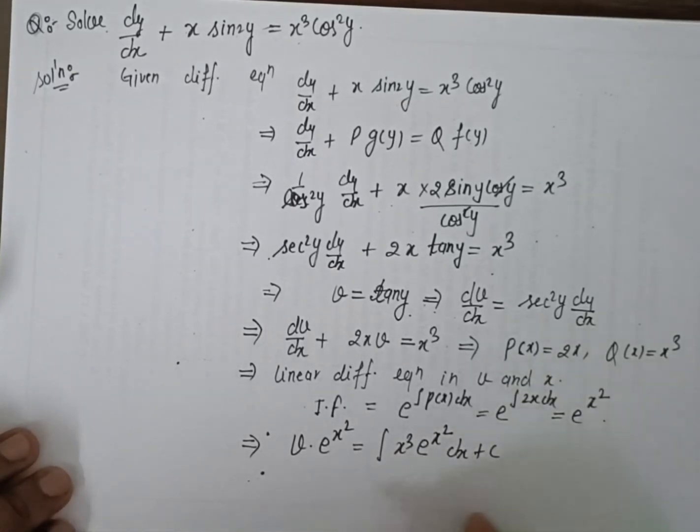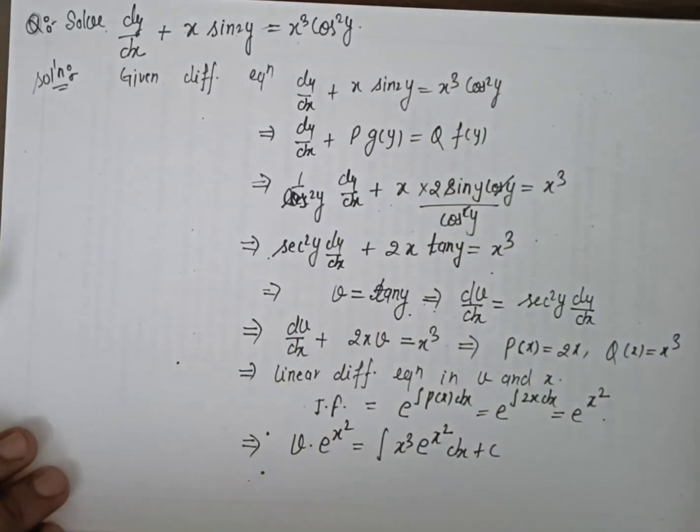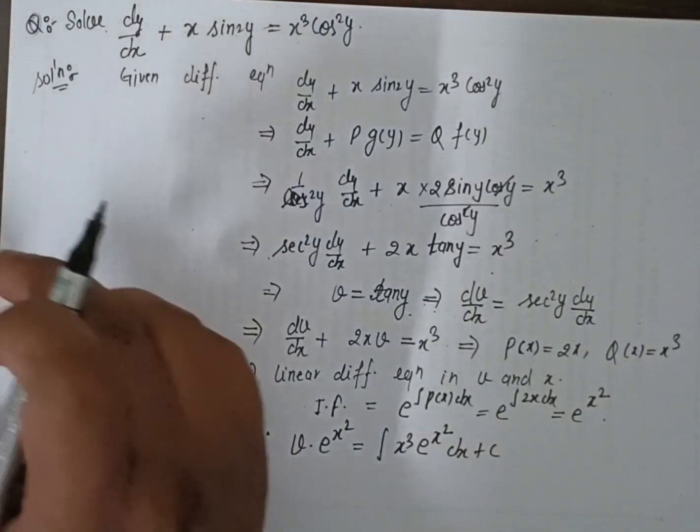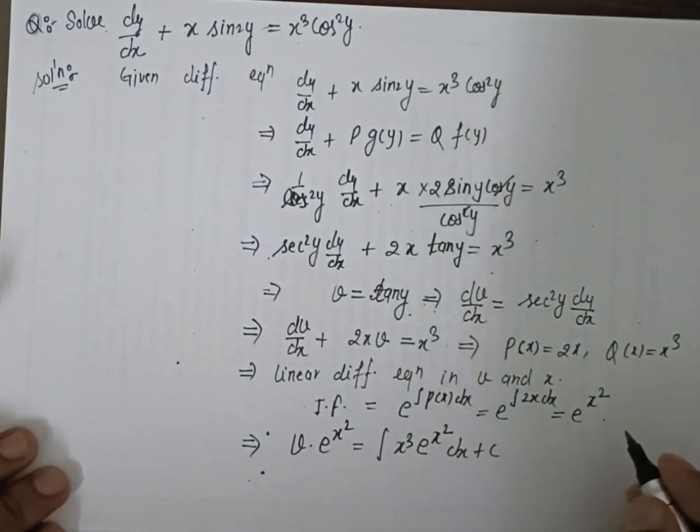So now to solve this, we need to find this integration here, simple integration. And what about this integration? Now consider e to the power x² is equal to t.